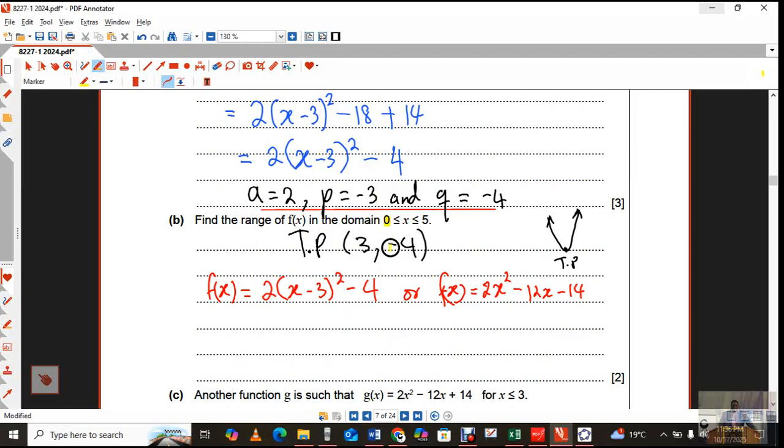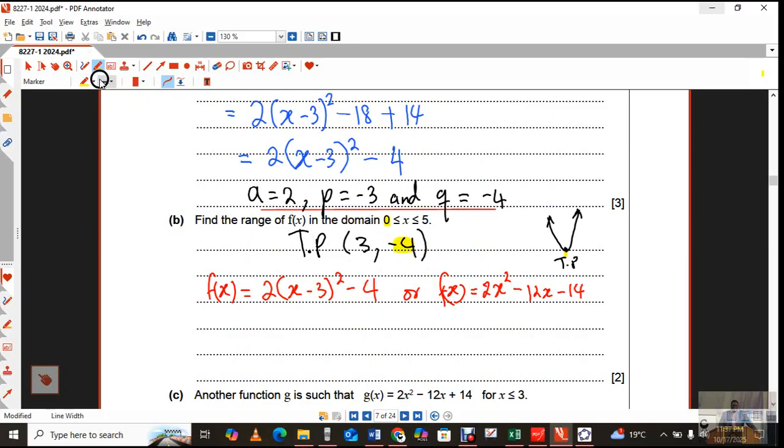And here's the nice thing. This turning point, this is the y value of the turning point. So that is the lowest part of the graph. So if I input 0 and 5 in my function, I am really interested in finding the highest value, the range of the graph. So it's going to be from negative 4 up to somewhere.